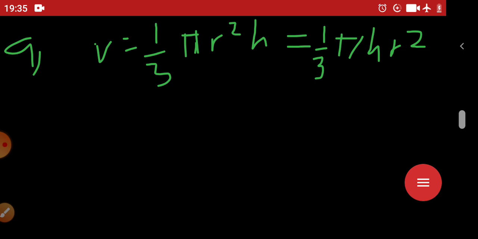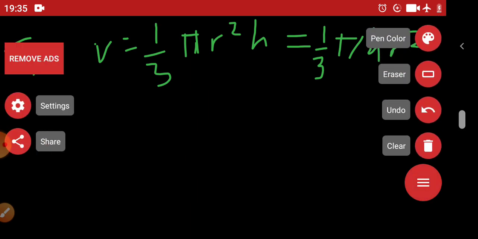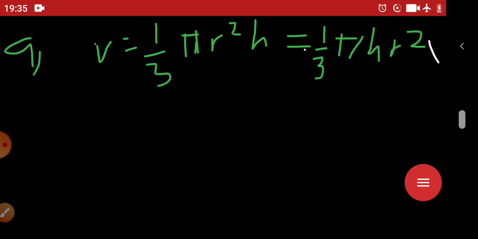First there's something we need to sort: the 3, which is dividing. So we need to multiply by 3 both sides.